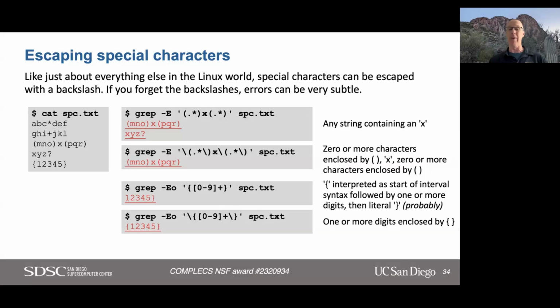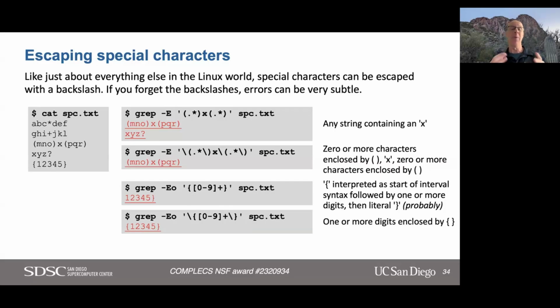Same thing with the curly braces. Now in that third example, I haven't quite been able to figure out what is going on if I don't use the backslashes. So this is kind of an incorrect syntax. The curly braces should be enclosing an integer or a pair of integers.